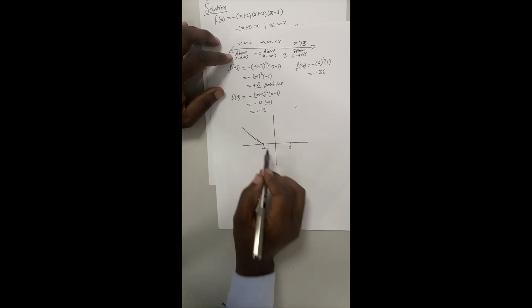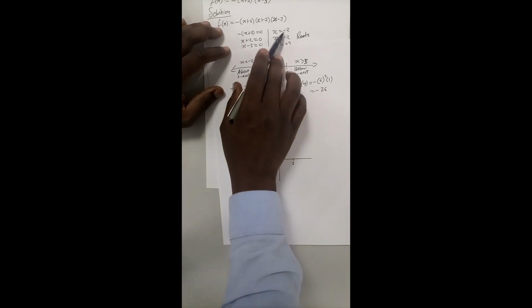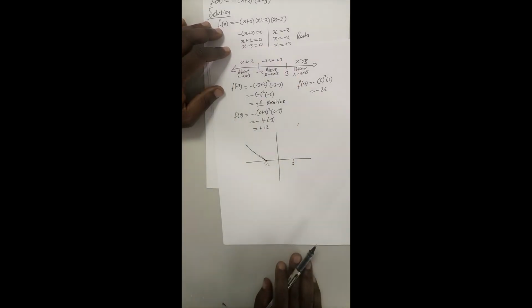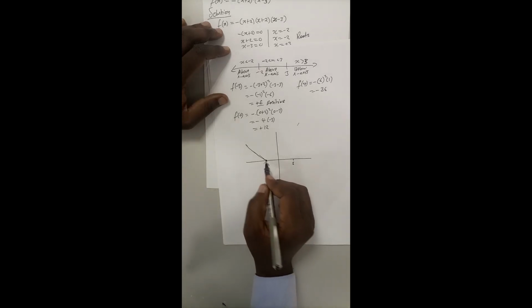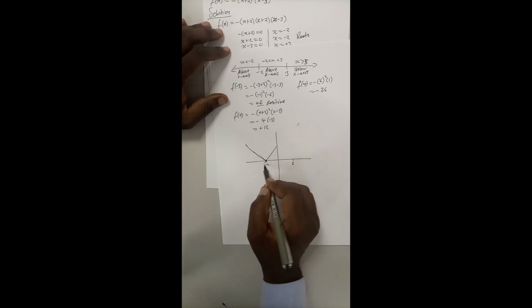Then it touches this point. Remember, when we find two equal roots like negative 2, negative 2, the graph will just bounce on this point. It won't pass through.